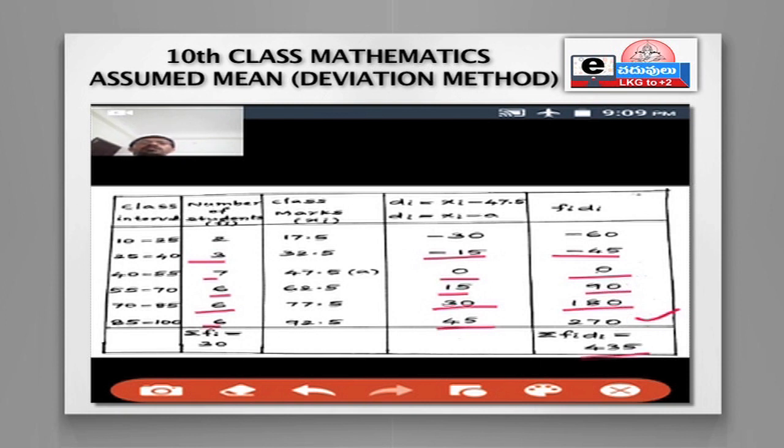So sigma fi into di is 435. Next, sigma fi, sum of frequencies. Here the number of students column is nothing but the frequency column. Sum of frequencies sigma fi, that means total number of students, is 30 here.